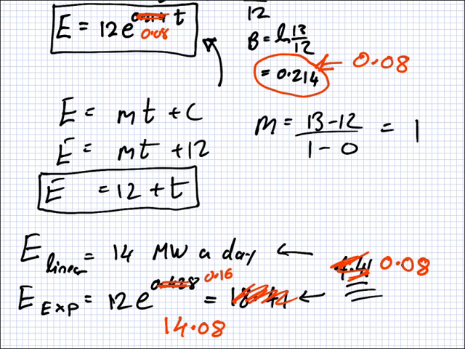Something like that. So, what do you think, guys? Which would be a more accurate, more realistic formula for modelling the power consumption of the town? And you can use some biology knowledge here if you can think of how this is similar to something in biology. So is it going to be exponential or is it going to be linear?